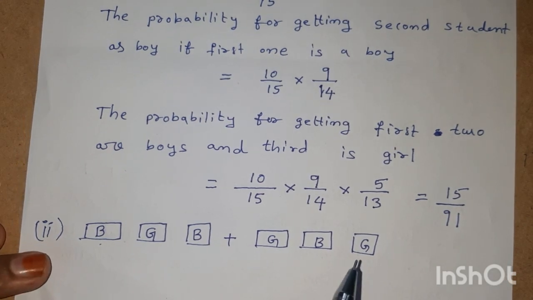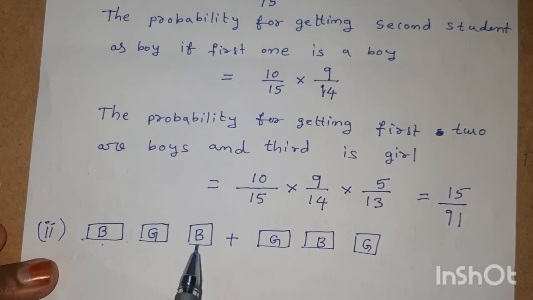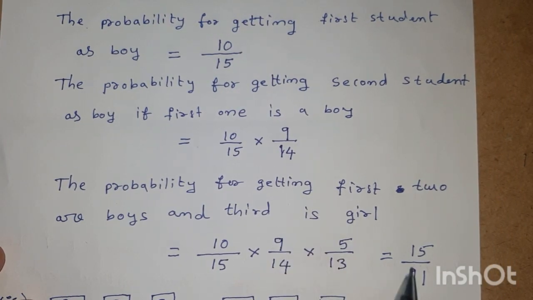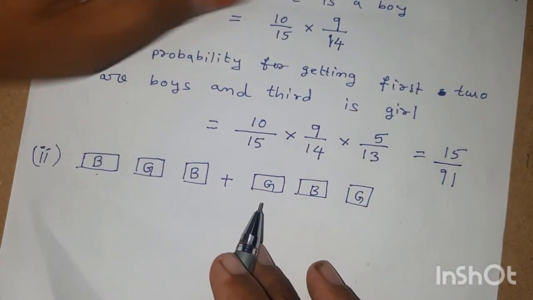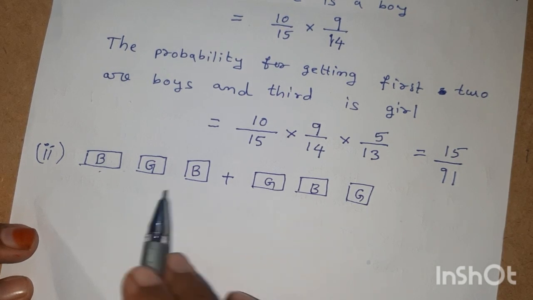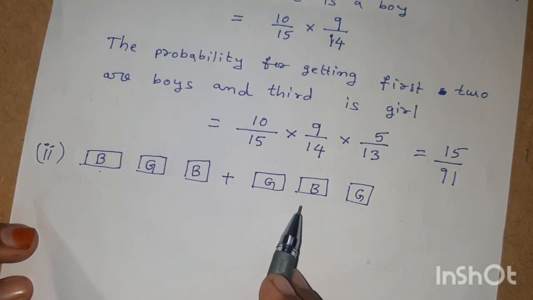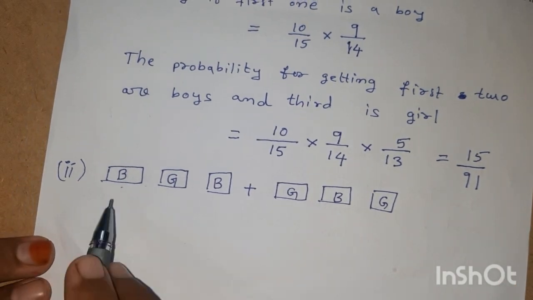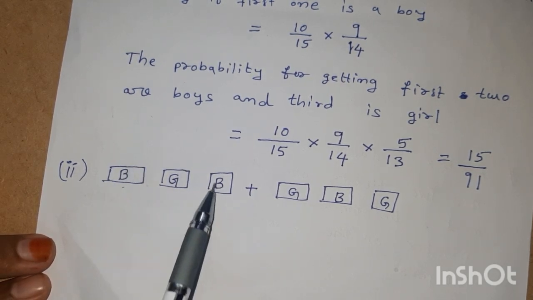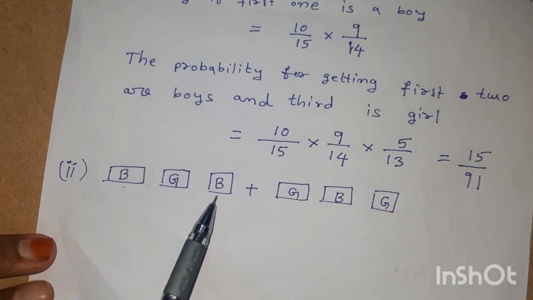Therefore we have to find out the probability for this, as we have done earlier, and also the probability of this. The summation of these 2 probabilities will give the required probability. Now let us find out the probability for this order directly.